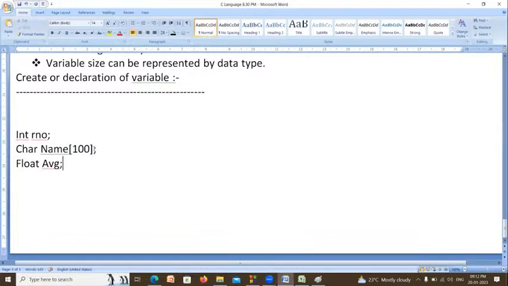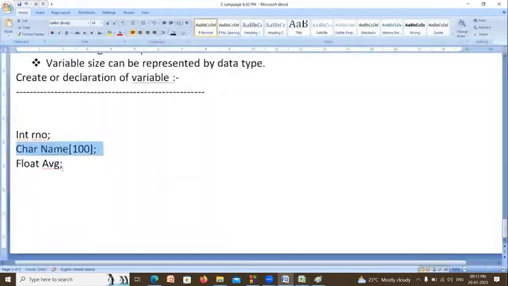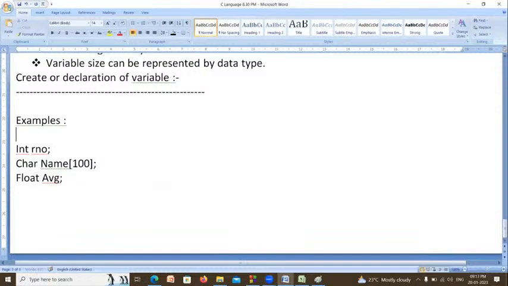The meaning of this is that it is allowed to store up to 100 characters. Character means 1 byte, and 100 into 1 equals 100, so it allocates 100 bytes of memory, and you can store up to 100 characters. Like that, you can create the variables. These are the examples to create variables.